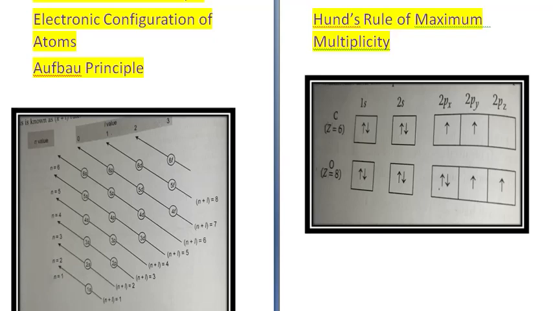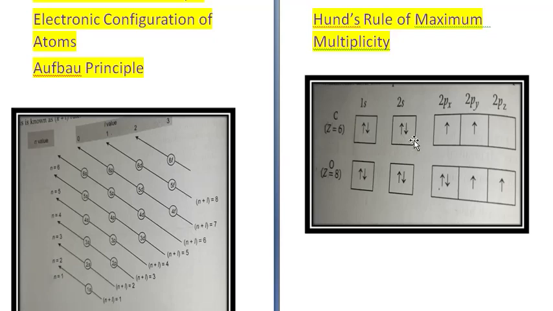See, for carbon, where atomic number is 6, first 1s will be filled and only two electrons can be accommodated, one with upward arrow spin and the other with downward arrow spin. After that, next to be filled will be 2s, again upward arrow and downward arrow.